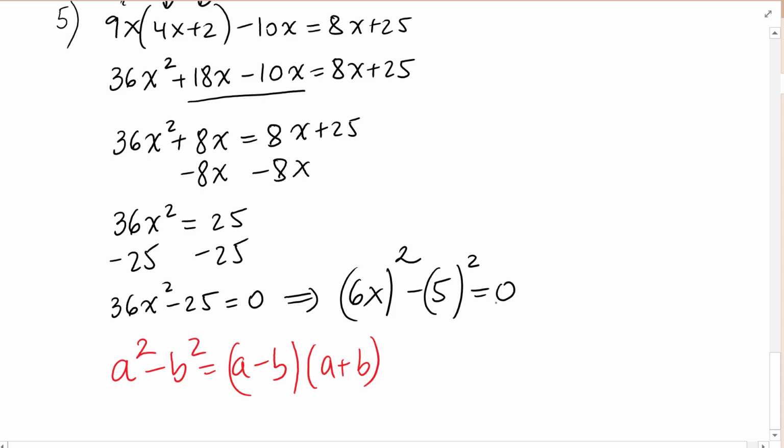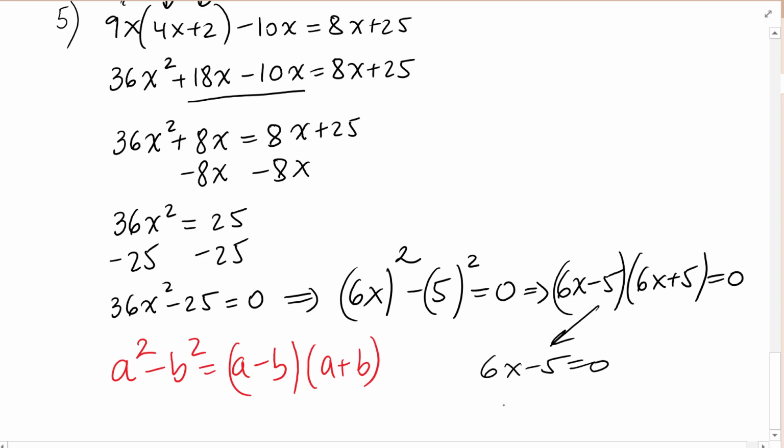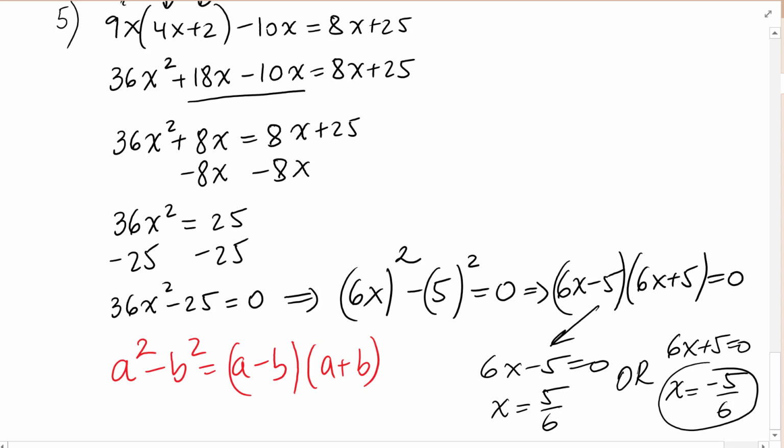So we have a difference of two squares, which can be factored as 6x minus 5 times 6x plus 5 equals 0, which produces 6x minus 5 equals 0, or x equals 5 over 6, or 6x plus 5 equals 0, which gives us x equals negative 5 over 6. So we got two answers, but we had to simplify our equation first.